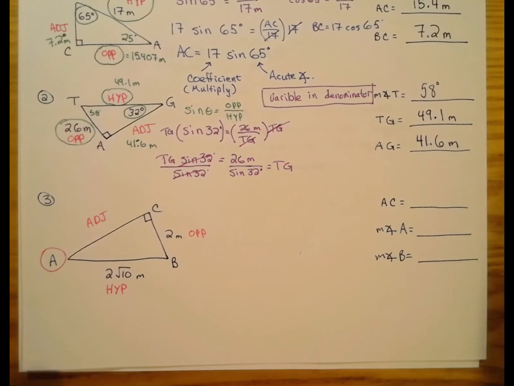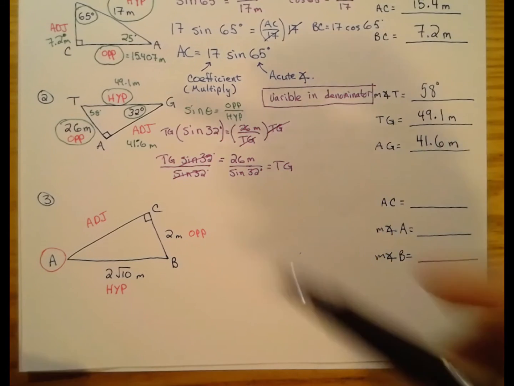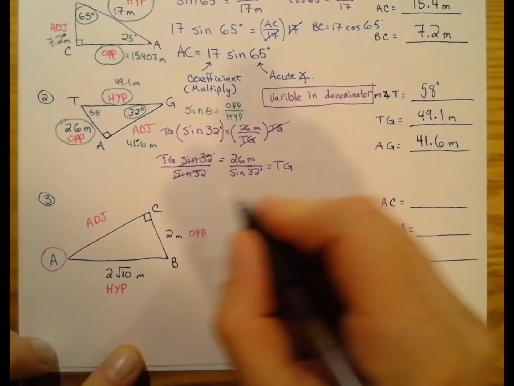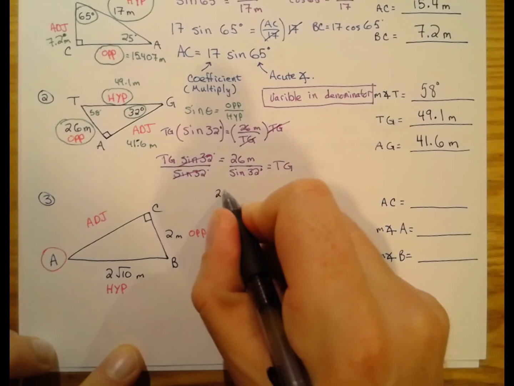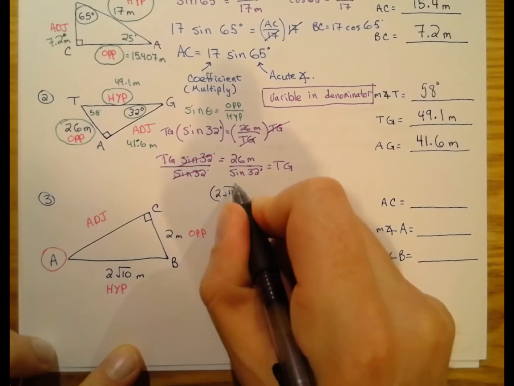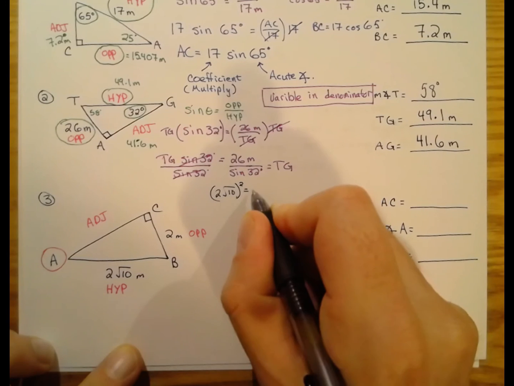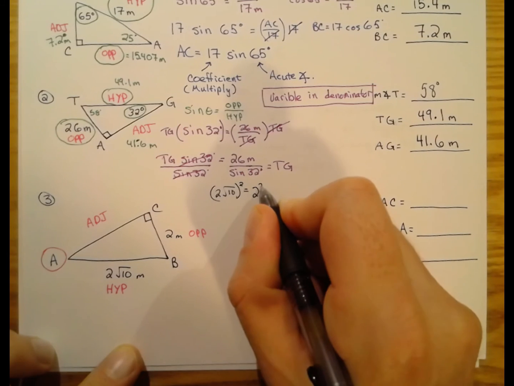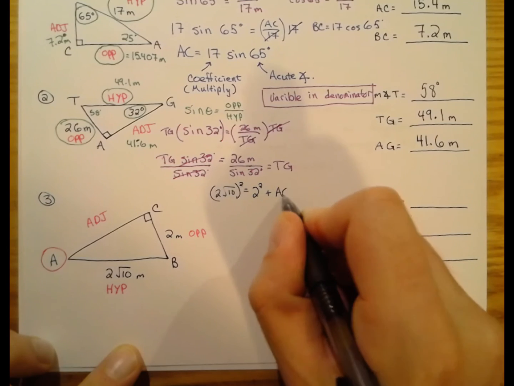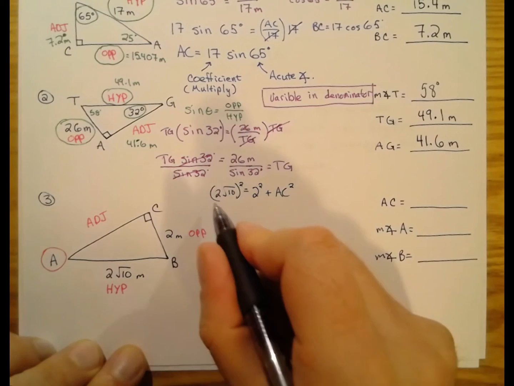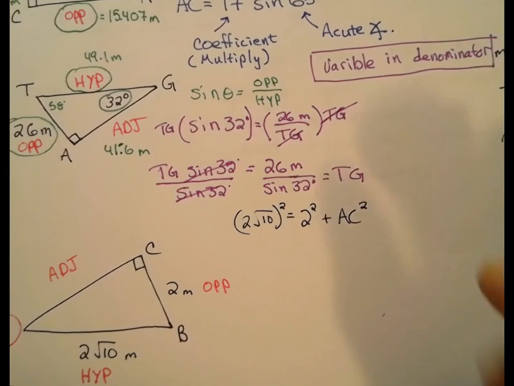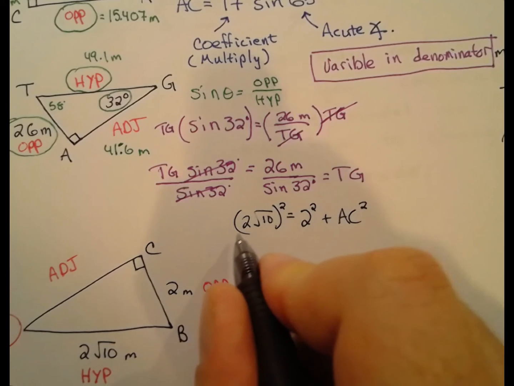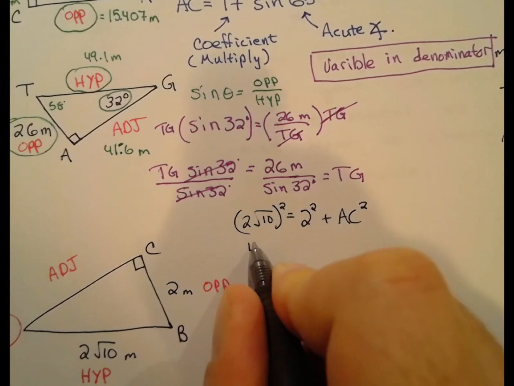I'm going to do a quick little Pythagorean theorem to get what AC is. So 2 root 10, this reminds me of a process here. Just make sure we know what we're doing. When you square 2 root 10, it's 2 times root 10 times another 2 times another root 10. So the 2 times the 2 is the 4.